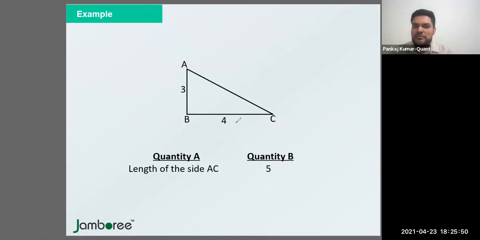But still I can see for some of you there is a relation, and for some of you there is no relation. I understand you guys see this is a triangle. One side is 3, one side is 4. We're talking about the length of side AC, and that is equated to 5.